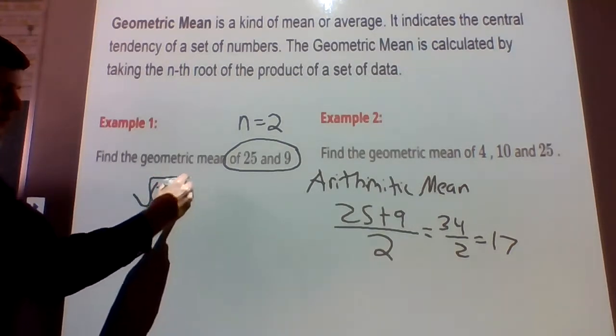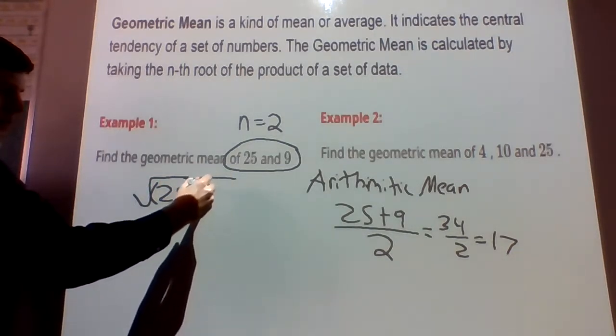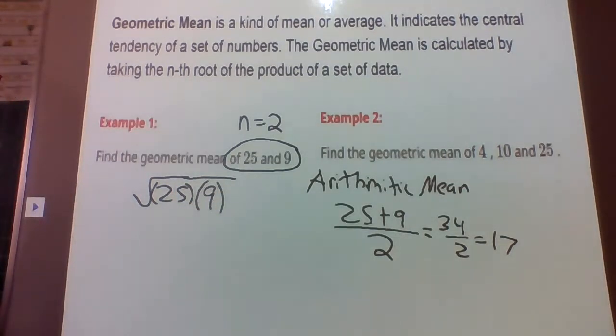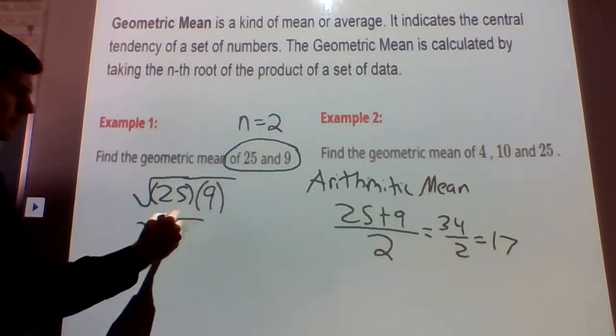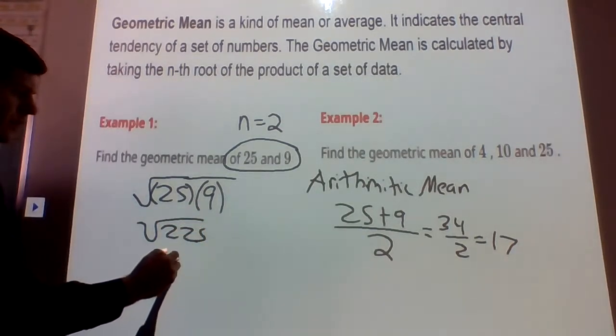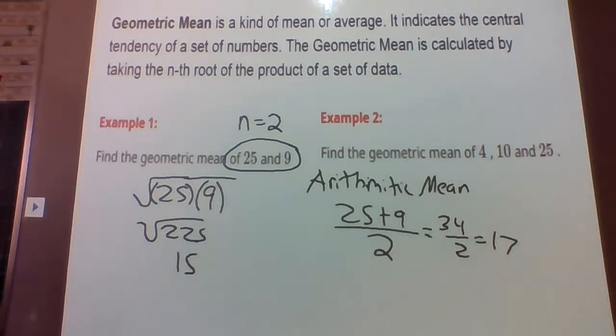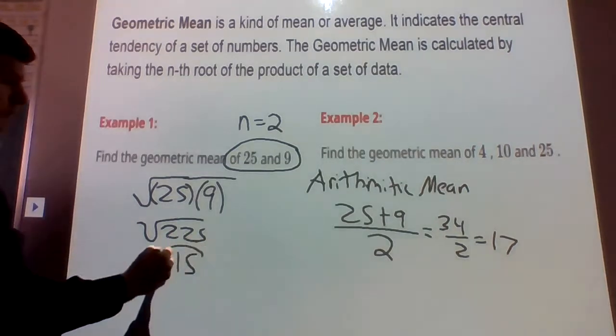Product means the result of multiplying. So 25 times 9 should give us 225, and the square root of 225 is 15. So the geometric mean is 15.